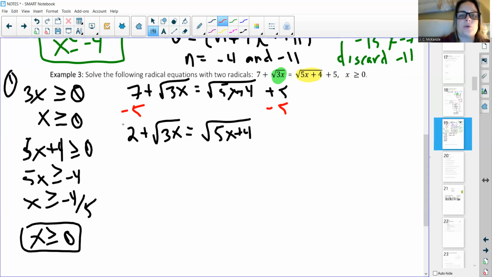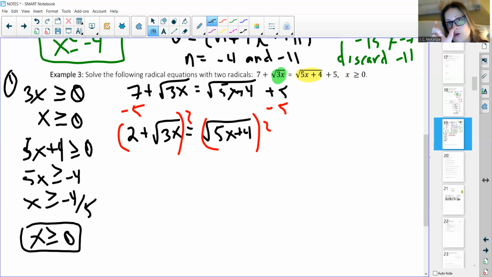All right, you're going to square both sides. So remember that squaring that left side is not just 2 squared plus the square root of 3x squared. It's the whole thing, that binomial times itself. So you're going to FOIL. You can do the arrow method. You're going to get 2 times 3x, and you're going to get twice of them.